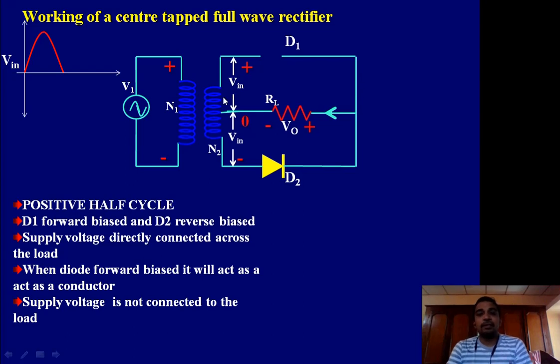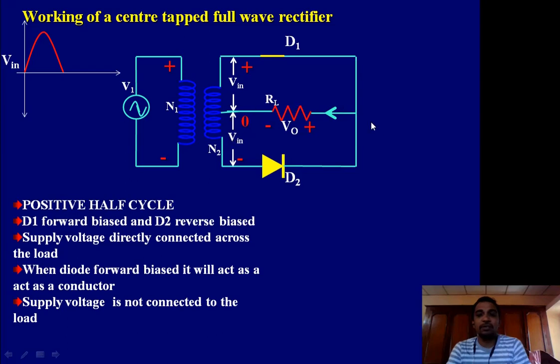When supply is given to this circuit during the positive half cycle, this is the positive potential applied. This is the diode D1. It is getting short circuited, means forward bias. D1 is in forward bias mode. At the same time, this is positive and negative.